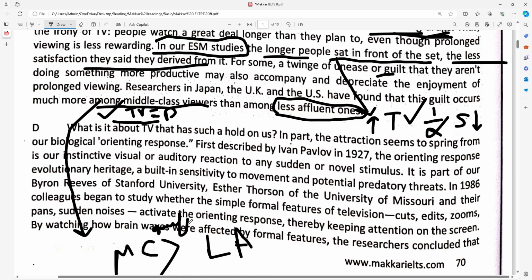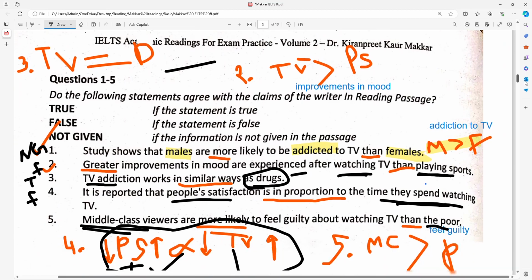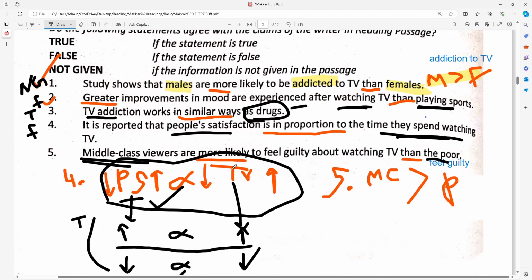Let's try and compare this. Match this comparison with what was given in the question. They're saying here, middle class viewers are more likely to feel guilt than the poor. So we have written down middle class people feel more guilt than the poor. The same statement was given in the paragraph also, so the statement is true.